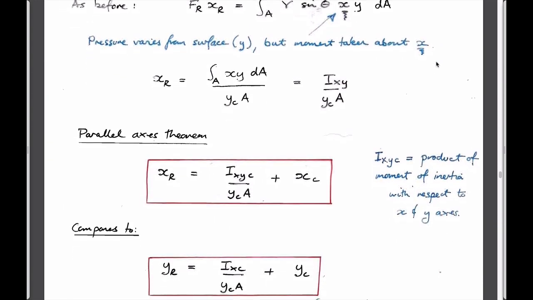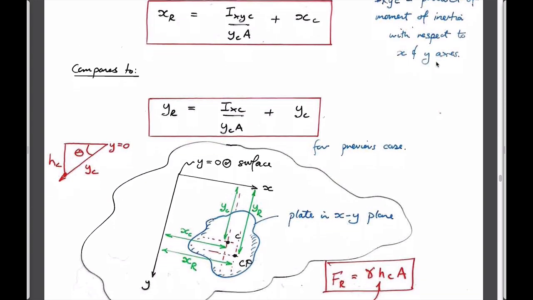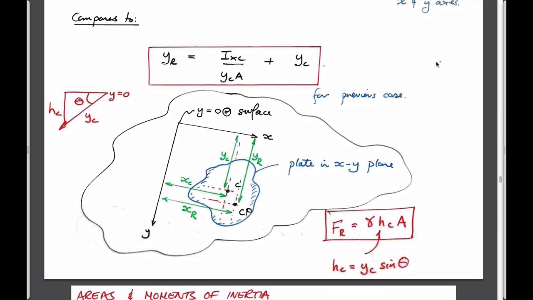And we can calculate that pretty straightforwardly by the parallel axis theorem. Don't need to derive it, but you need to maybe be able to use it. It really says that if the water surface is on this line here, the x-axis, you can calculate exactly what this is, which you'd like to know, because you need to know where it acts.